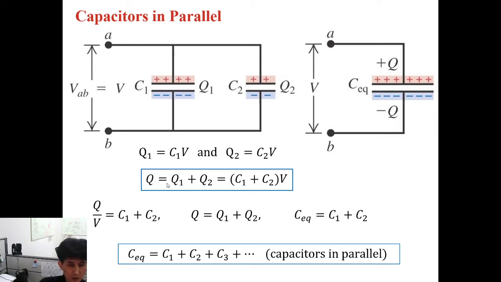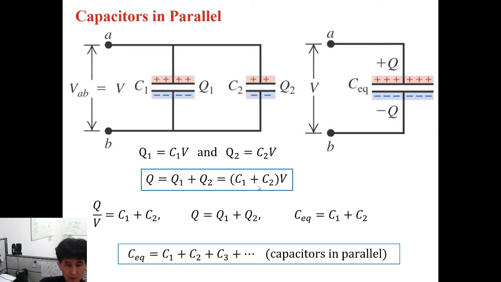If we represent this parallel connection of two capacitors with just one capacitor, C equivalent, and plus and minus Q is stored in this equivalent capacitor, then the total Q is Q1 plus Q2.